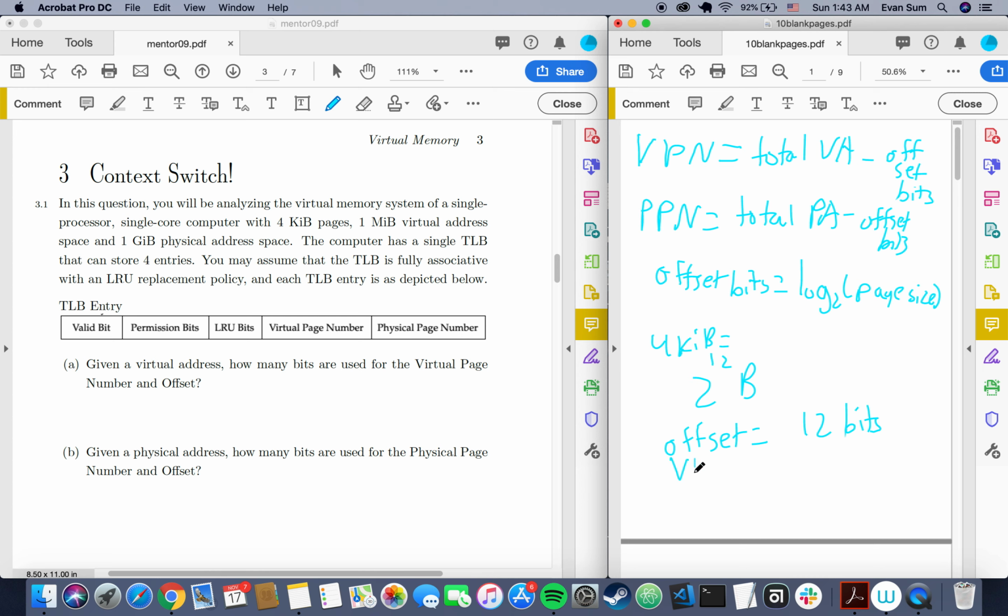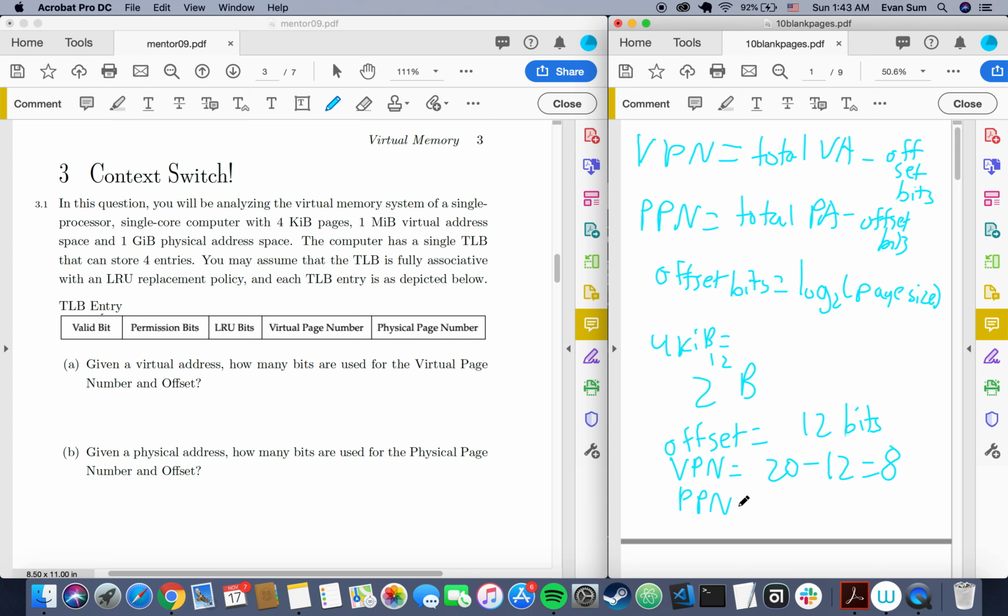Now, for the VPN, the total virtual address space is 1 megabyte. A reminder that megabyte means 2 to the 20, so there are 20 bits there, and the offset is 12 bits, so I have 8 bits here.